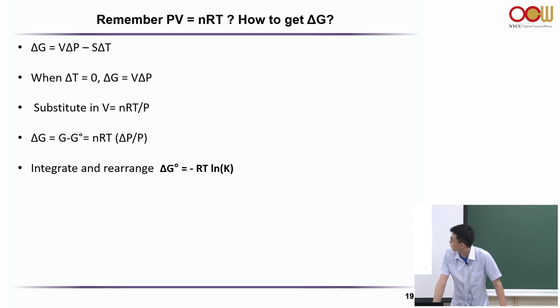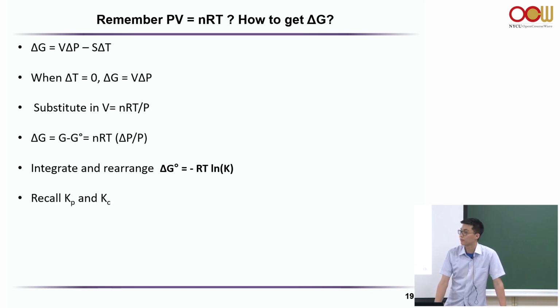So we can integrate and rearrange and get this, because remember Kp when we were talking about a reaction quotient, right? Your equilibrium constant is product over reactant, and whatever stoichiometric factor you have becomes the power of your partial pressure, right? Then you can get this equation: delta G equals negative RT ln K, where K is the equilibrium constant. And then by adapting this equation, we can get your Kp.